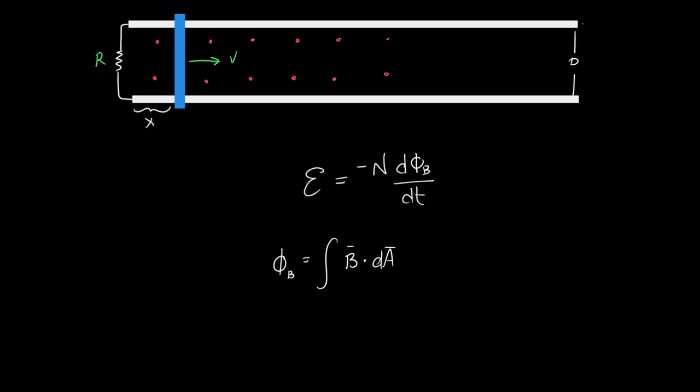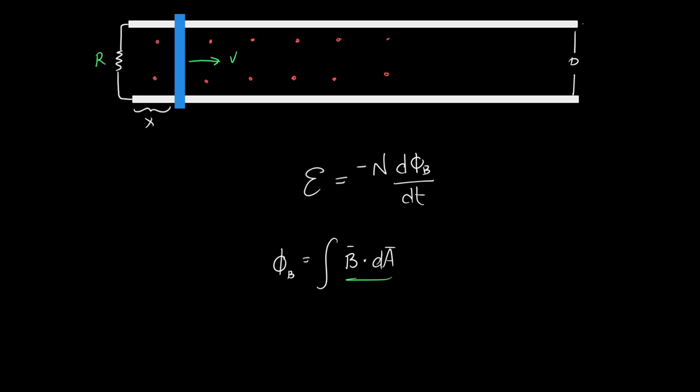So I see that there's an area here. This region is the area that is currently being exposed to the magnetic field. So all flux begins with finding the area that's going to be exposed to a magnetic field, and to ask yourself, how is that area aligned with the direction of the magnetic field?